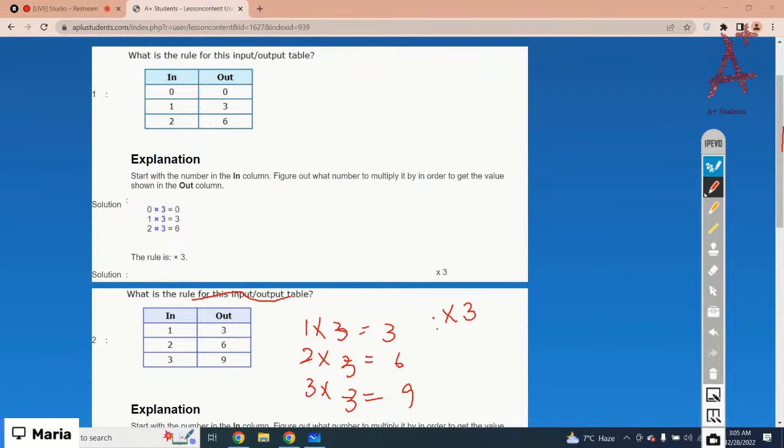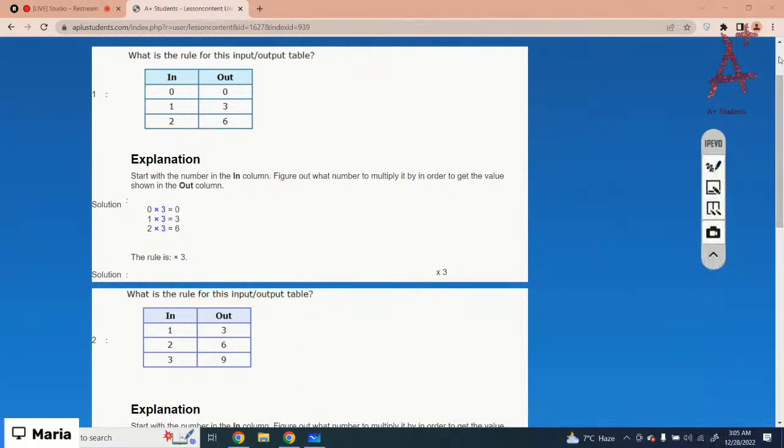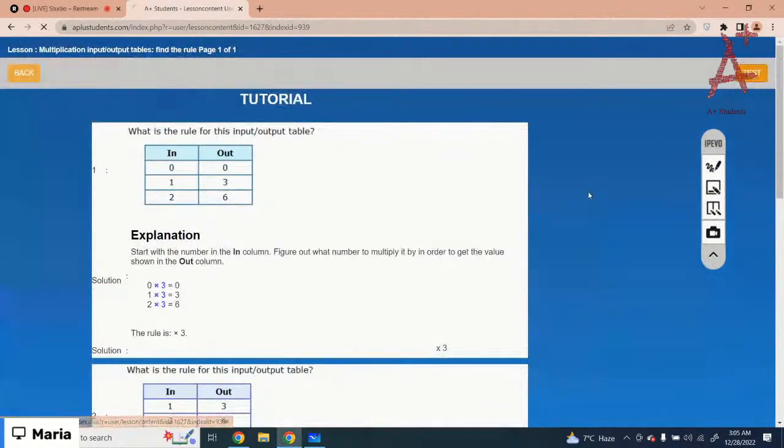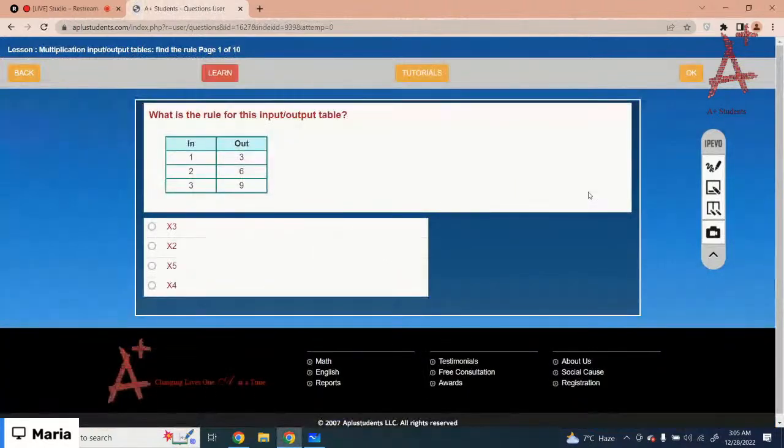Got it? Okay, let's start with the test questions. What is the rule for the input output table? Which one is it? Multiply by 3, multiply by 2, multiply by 5, multiply by 4. I think that's exactly the same as what I just did on the board, isn't it?